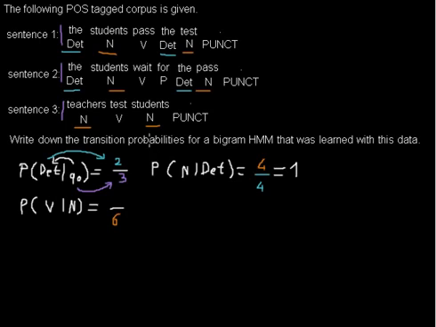I didn't count this one before because it doesn't follow a determiner. Now let's see how many verbs there are. We have 1, this follows a noun, 2, and 3. So the probability when we have a noun to encounter a verb as next is 1/2.